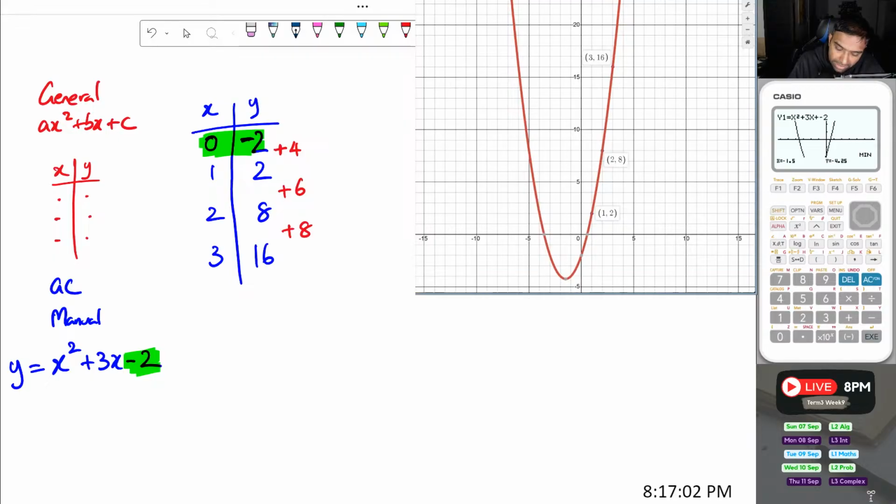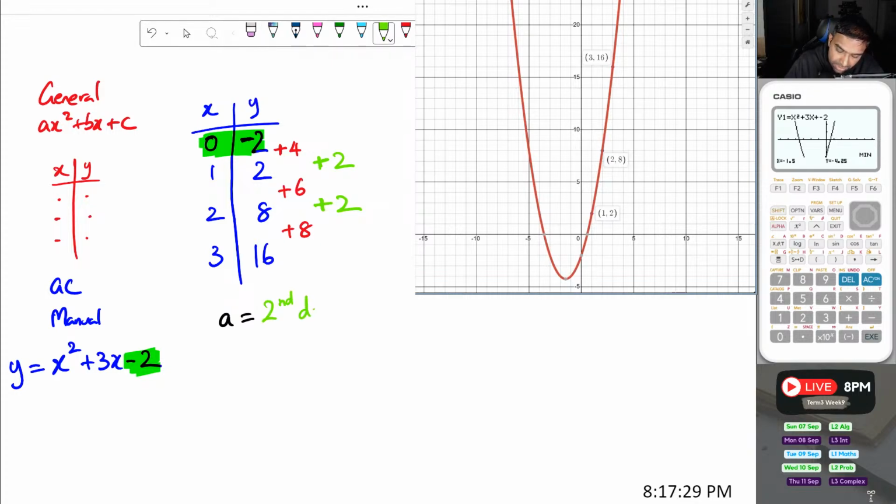Now we can figure out the a value. To do that, we look at the second difference: the difference between 6 and 4 is 2, and between 6 and 8 is also 2. So the a value would be whatever the second difference is, and I might write that down here.